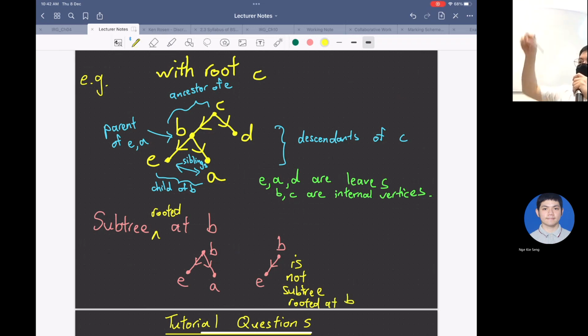For a subtree you need to include all the descendants. What you can imagine is you can drop ink here. So the ink will follow the edges. Whoever gets the ink is in the subtree.